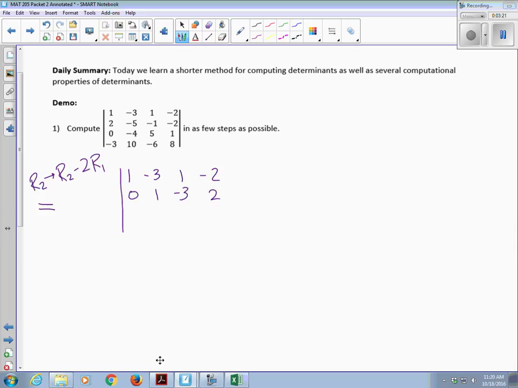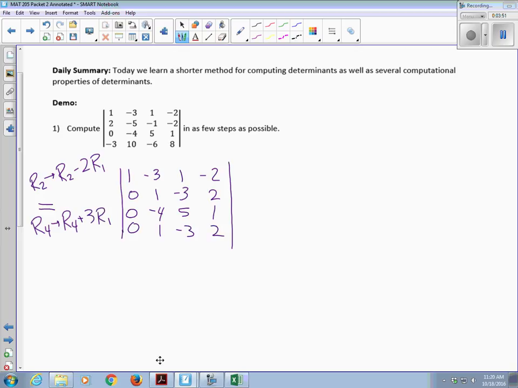So row 4 is also going to get replaced here. Row 4 becomes row 4 plus what? 3 row 1. So row 3 is not going to change. It's already got a 0 where I want it. And then row 4 is going to change according to this rule, and it becomes 0, 1, -3, 2.